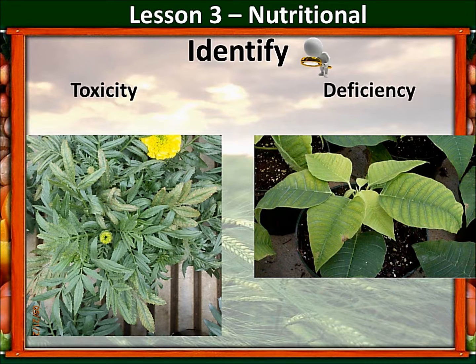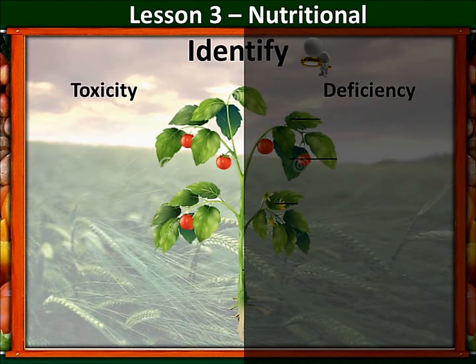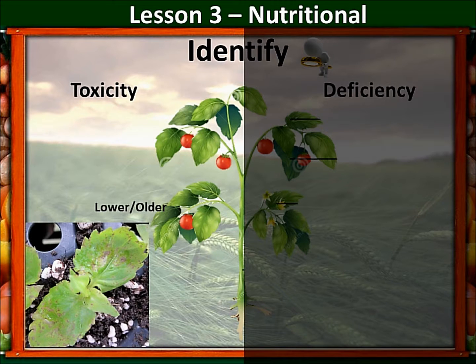Sintoma de toxidez, toxicity symptom, sintoma de deficiência, deficiency symptom. So let's focus on toxicity first. The toxicity symptom is usually, geralmente, on the lower outer leaf, as we can see on the picture.